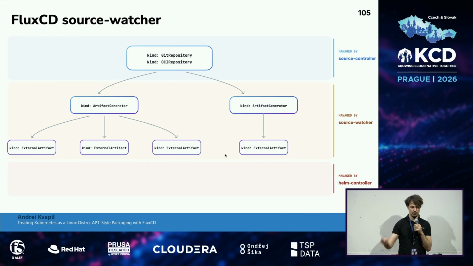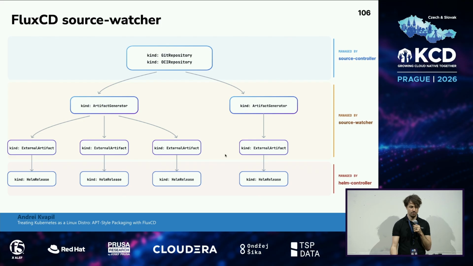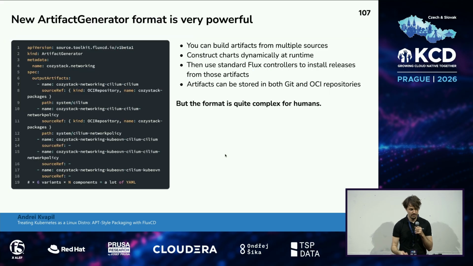Then you can use standard FluxCD controllers like the Helm controller, and you just specify that you have to install the Helm chart from the specific external artifact. That works pretty nicely.